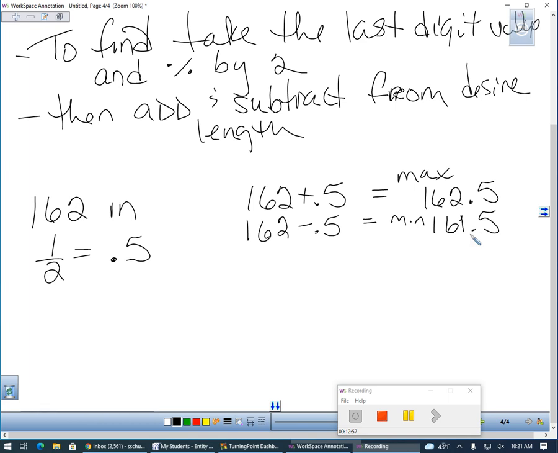Okay? Let's try another one. Okay, so just a minute. If I have something that maybe measures, let's say 1.6, that is in the 10th spot. So I would take 1/10, divide by 2, and I get 0.05. Everybody still good?